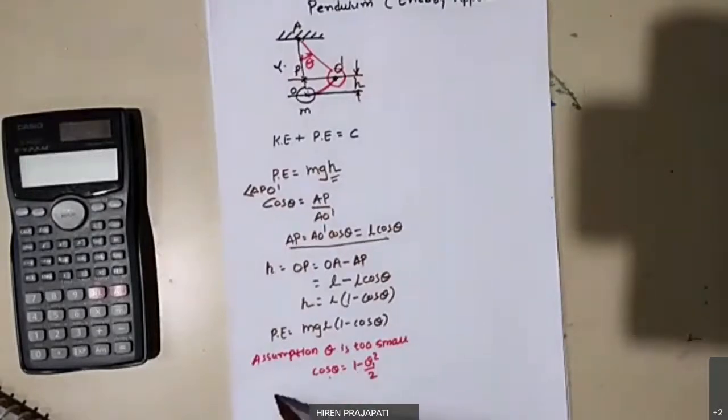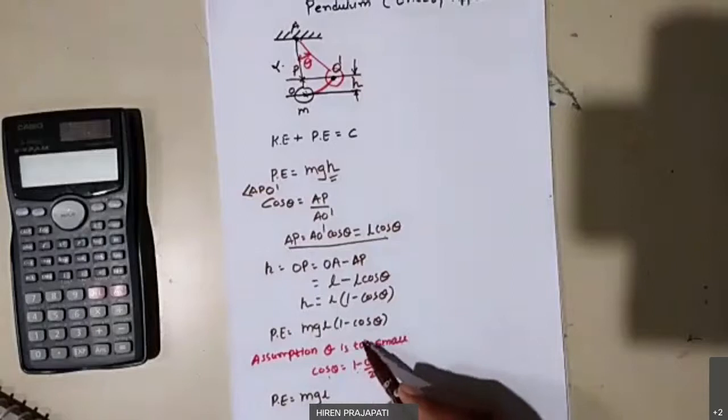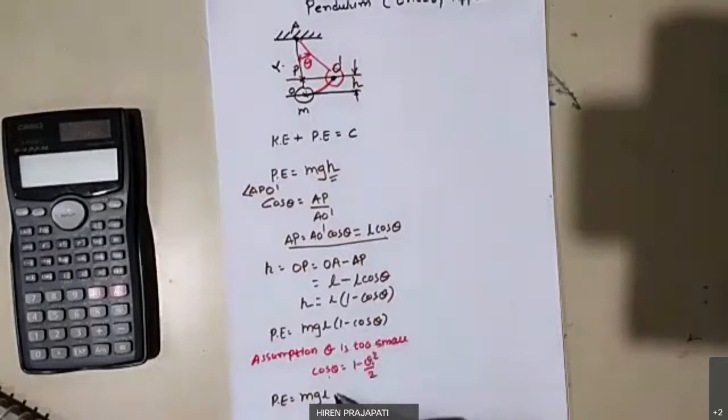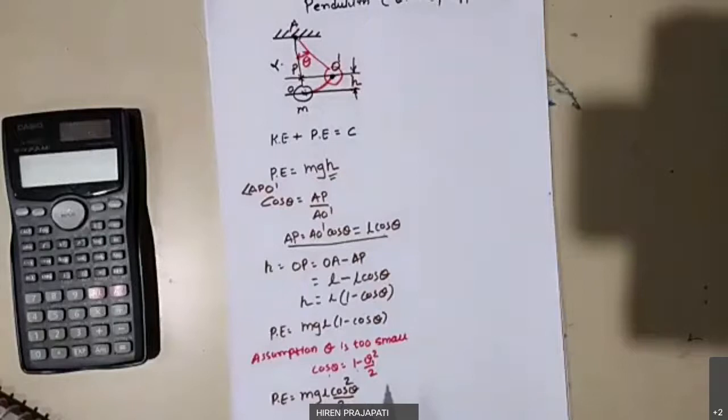Then potential energy is equal to mgL times 1 minus, cos theta as 1 minus theta square by 2, so 1 minus 1 plus theta square by 2. So the 1 will cancel out, and finally we get theta square by 2. So this is the potential energy equation for this pendulum. Similarly, now let us go for the kinetic energy equation.